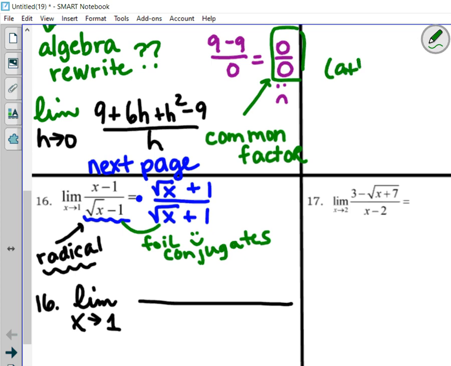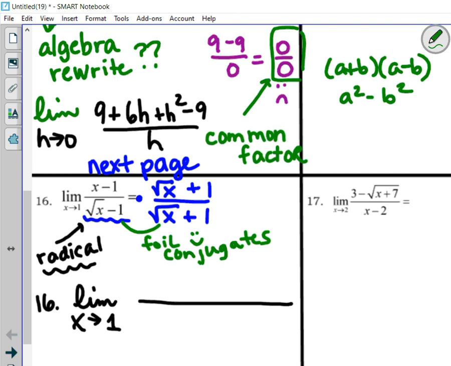What happens when you take a plus b times a minus b? What do you get? Come on. You get a squared minus b squared. Always.